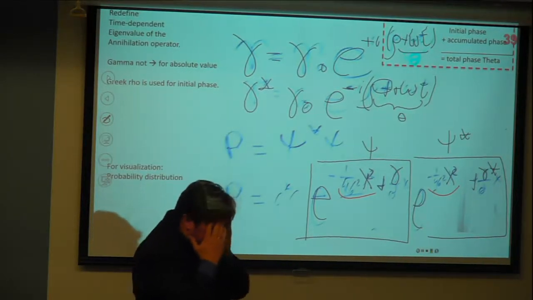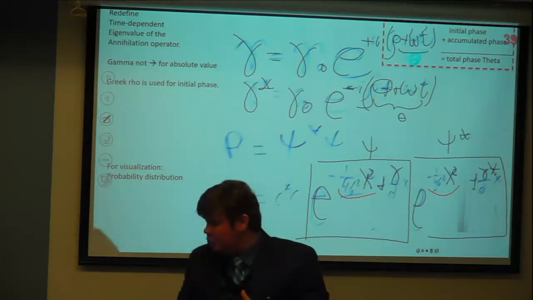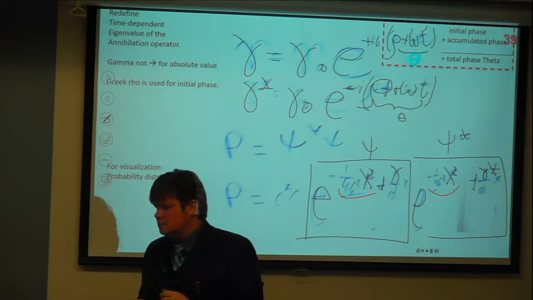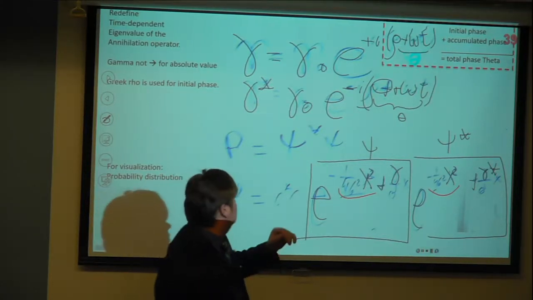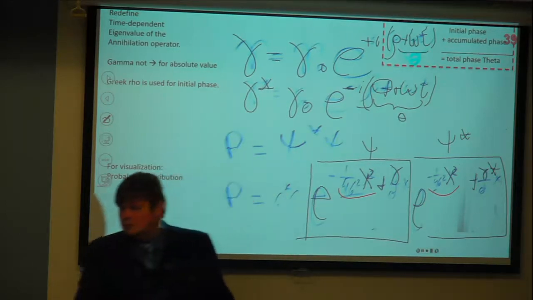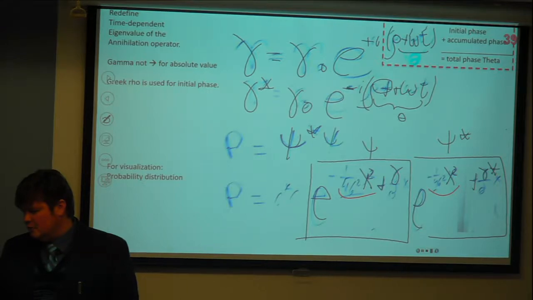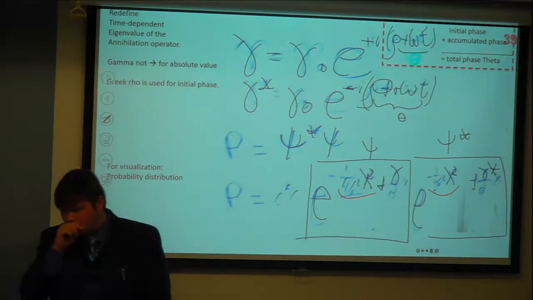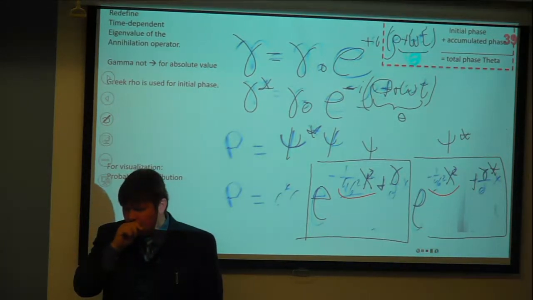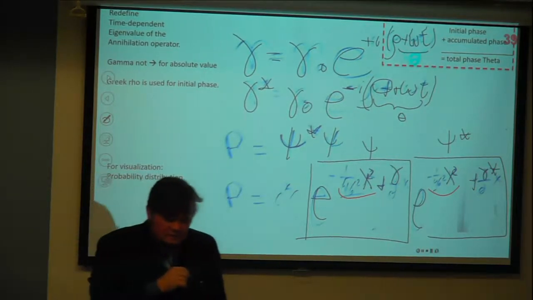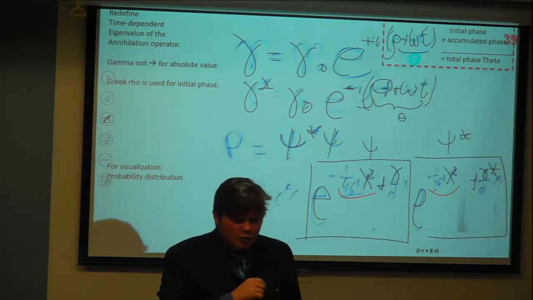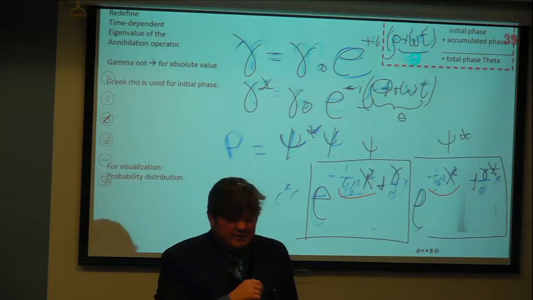Another thing, when we will be multiplying the wave function conjugated times the wave function without conjugation, we will need to conjugate all variables that enter into the definition of the wave function, including this parameter gamma.